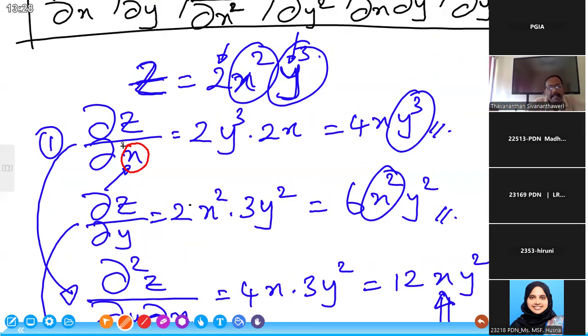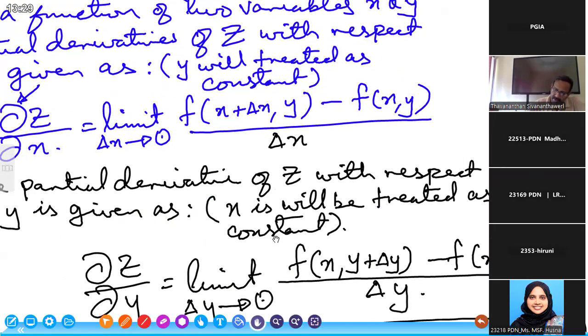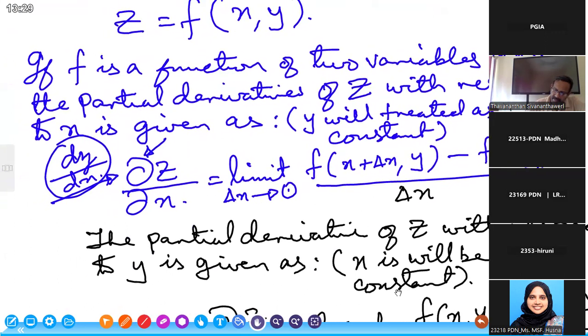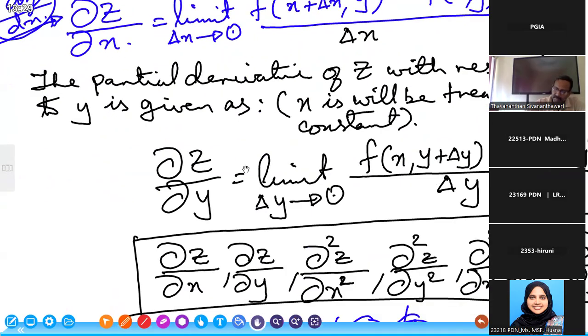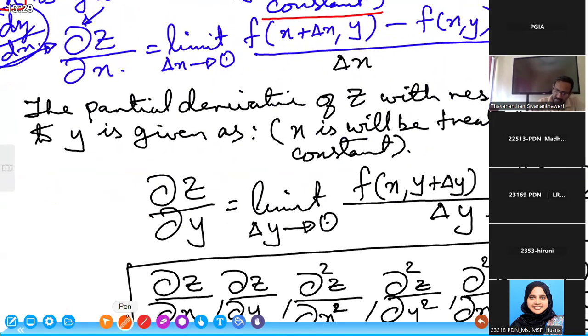It is y. So what should we do with y? I have already mentioned, if I differentiate with respect to x, y will be treated as a constant. Similarly, if we differentiate with respect to y, the other variable, which is x, will be treated as a constant.